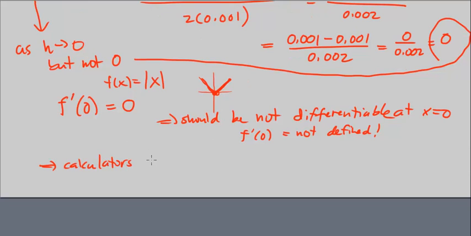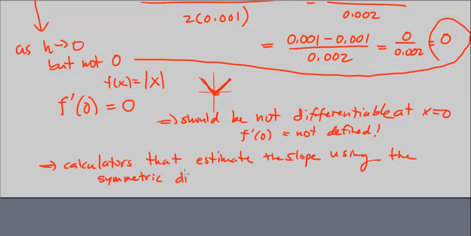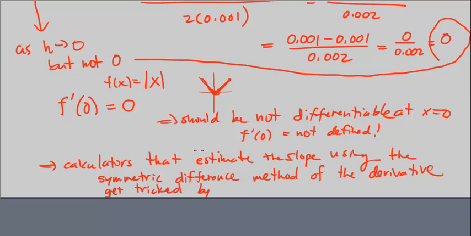Calculators that estimate or approximate the slope using the symmetric difference method of the derivative basically get tricked by symmetric and even functions.